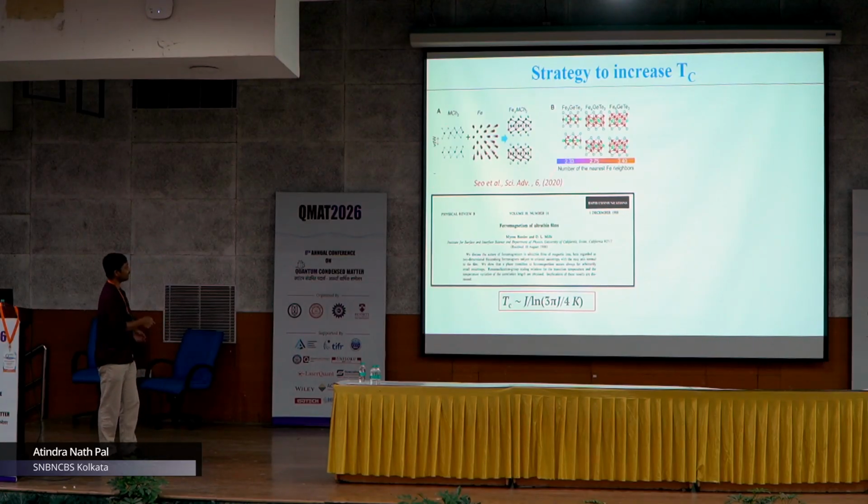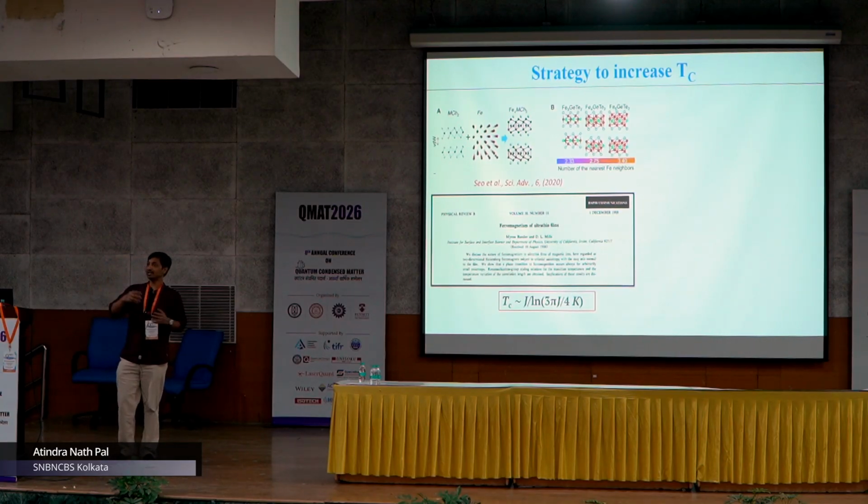So you take a TMDC structure, like an MCH2 kind of structure, and then you try to incorporate iron or some ferromagnetic element into this material.